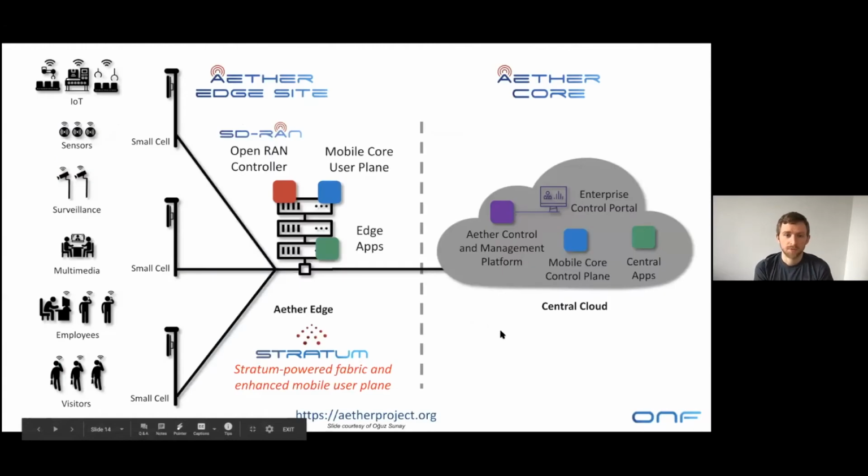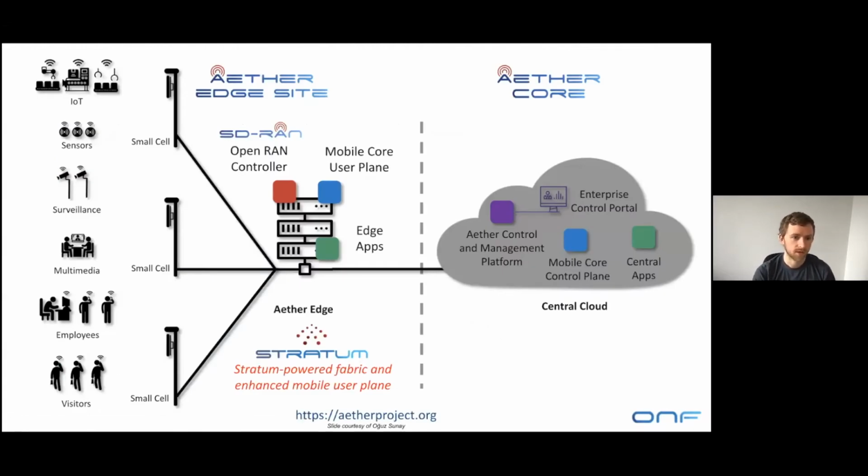Taking a look at Aether pictorially, you can see that in the enterprise space, or Industry 4.0 space, we have IoT devices, sensors, employees, visitors, robotics, et cetera. They're connected using the mobile network to radio antennas, which are connected to the Aether Edge fabric, which is typically co-located at the site.